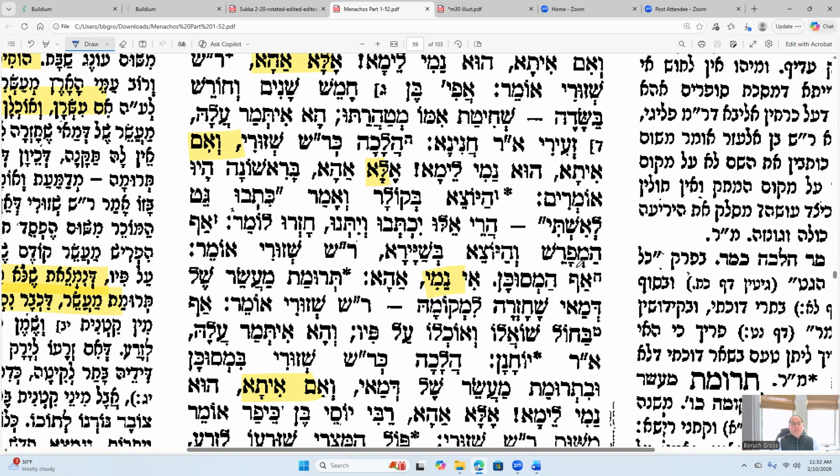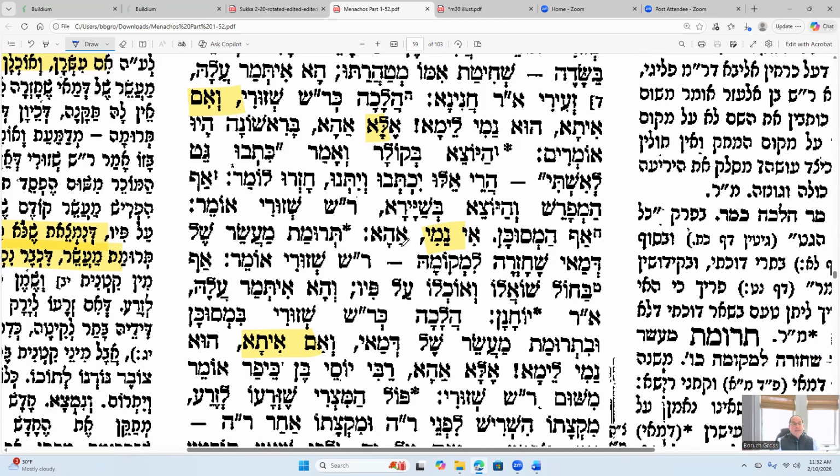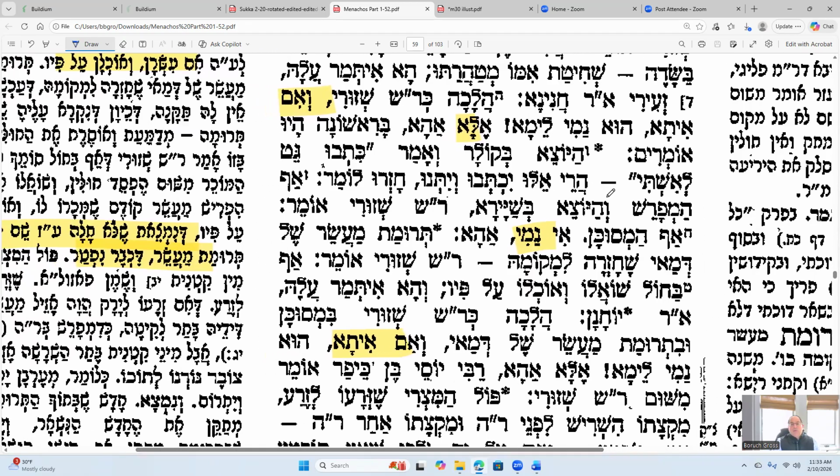They said that these commands are enough if somebody is going on a long caravan and he's starting to travel and he calls out to the people staying in the city, write a get for my wife. Even a guy who's in danger, where there's a good chance that he's going to die, if he screams out, write a get for my wife, we will write a get for his wife.